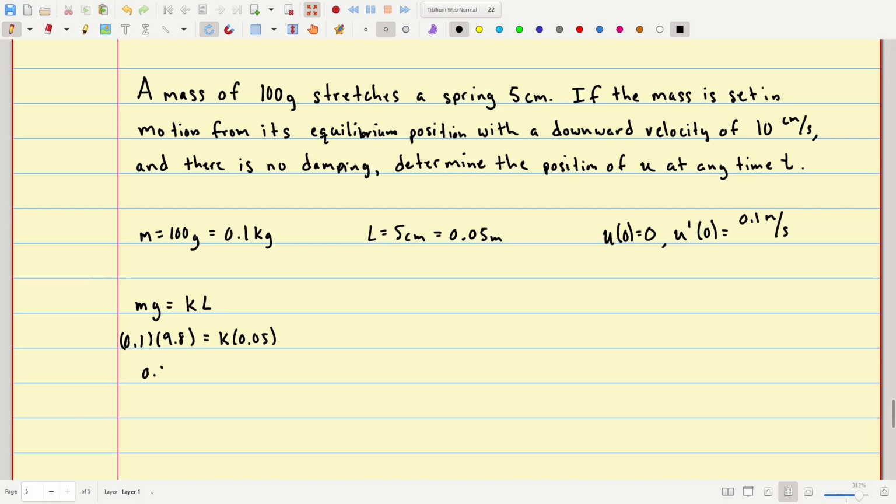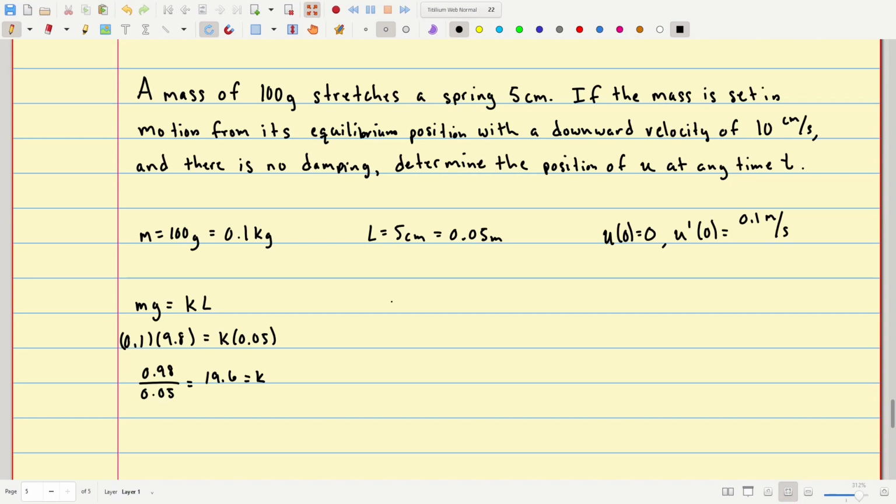So this is going to be K. We can do long multiplication here, get rid of the fact that they're both being divided by 100 and set things up, and get 19.6 here. So not the worst thing to have to come up with. Okay. So this is our value for K.